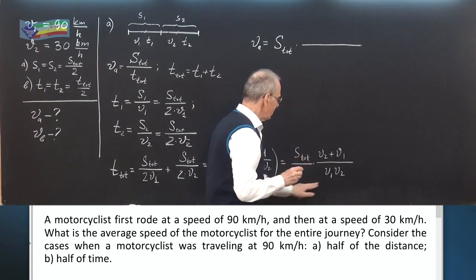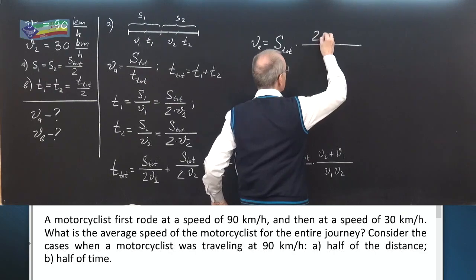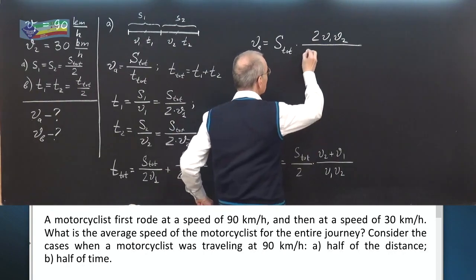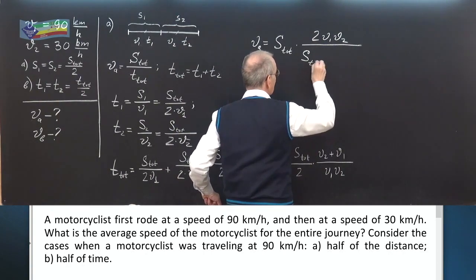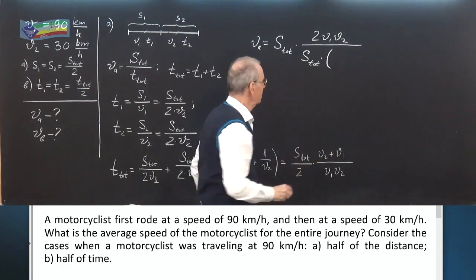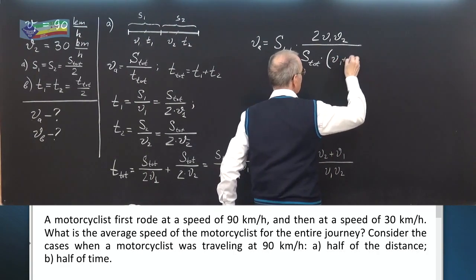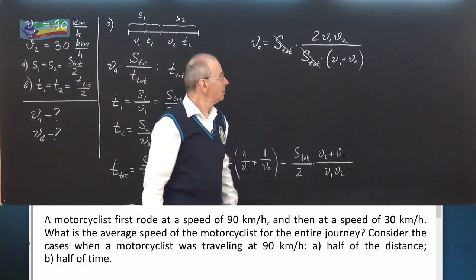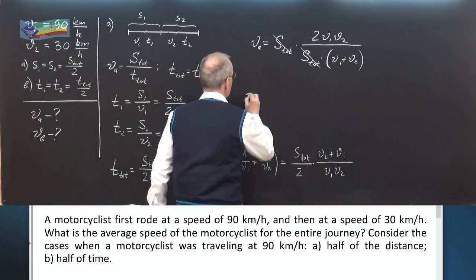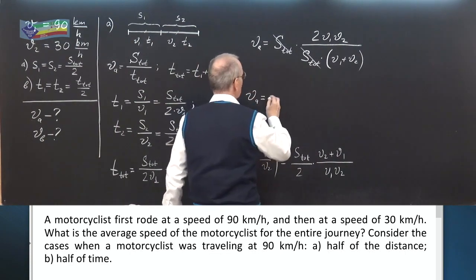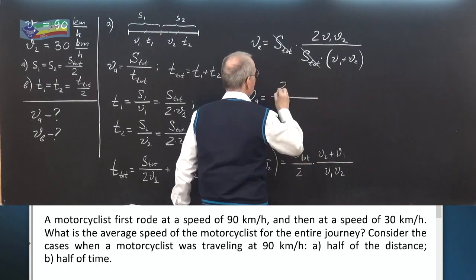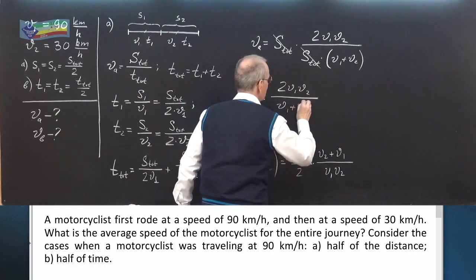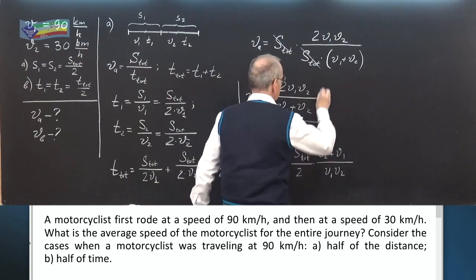So this denominator we write into numerator, and this numerator write into denominator, V1 plus V2. S total divides out, and finally we have VA, case A, gives twice V1, V2 over V1 plus V2. This is the first answer.